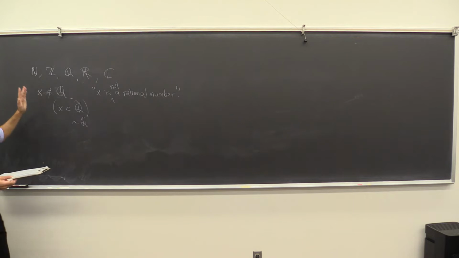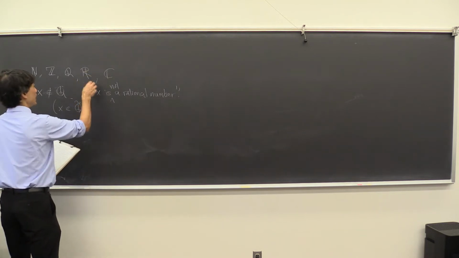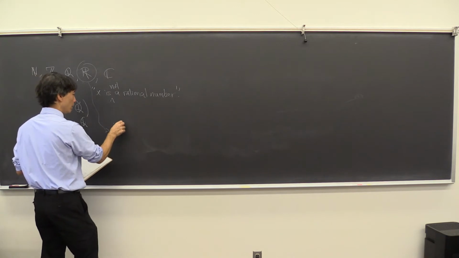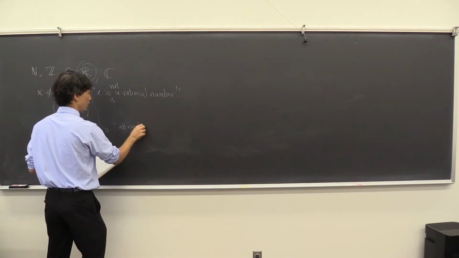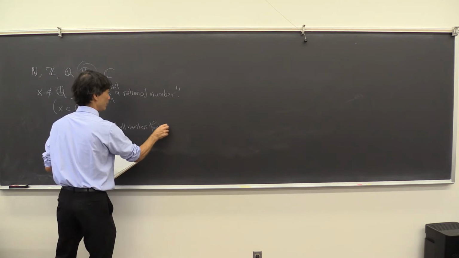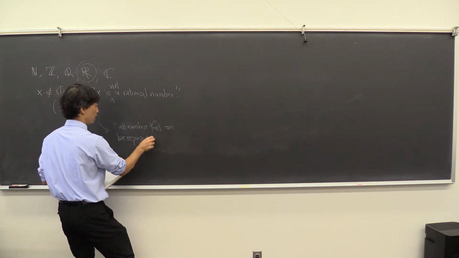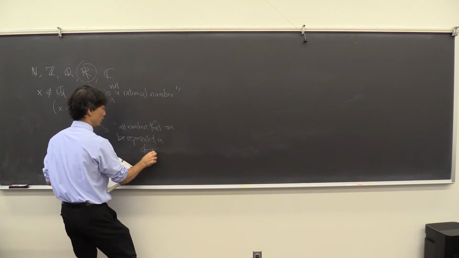So we talked about these things, and we said we had this kind of odd definition, R as being all numbers that can be represented in decimal form.